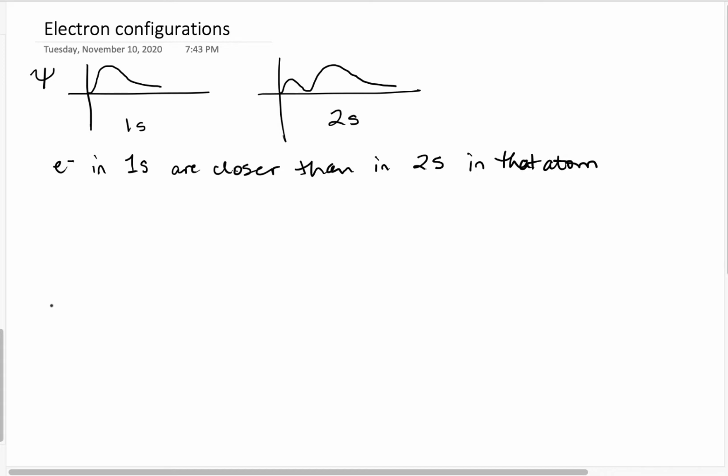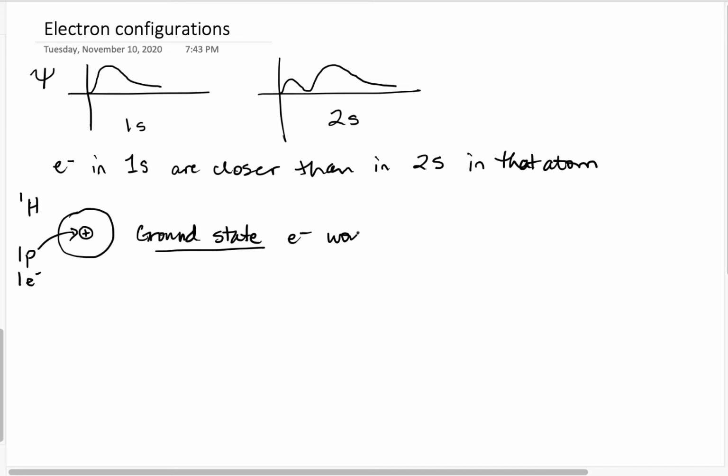So if we have a hydrogen which has one electron, there's our nucleus. We have hydrogen. Remember a long time ago we talked about its isotope notation. So hydrogen has one proton and one electron. The proton is the nucleus. The electron then, in its ground state, that's its lowest energy state, would be in the 1s orbital.